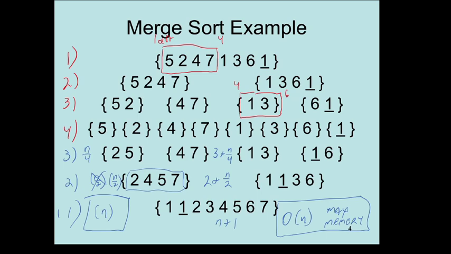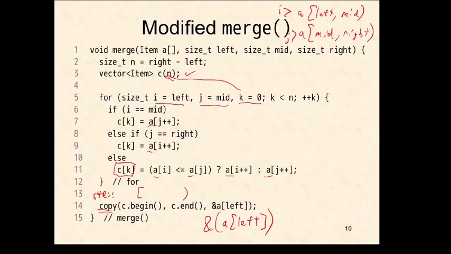Now let me go back, I've got to find where we were. Okay, so that was our modified merge. So remember, copy has 3 parameters. It's got the from as an inclusive left end, the from as an exclusive right end, and our destination as an inclusive starting point, and the assumption is that there's room for it.